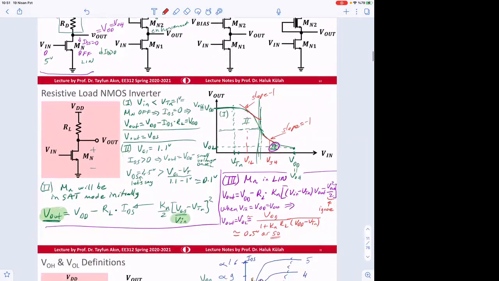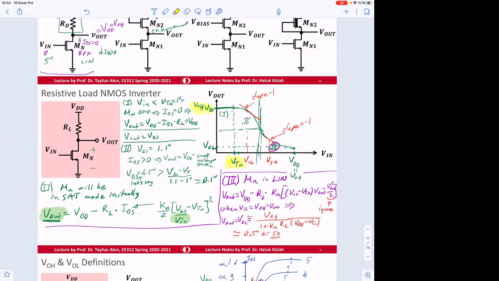So we started our analysis with resistive load and MOS inverter, and here we have seen the slide before, and as you see, we filled the form. If the voltage is below VTN, then the transistor will be off, and output is going to be V output high, VDD. So it goes to the VDD rail.